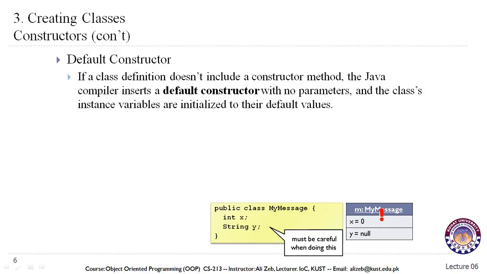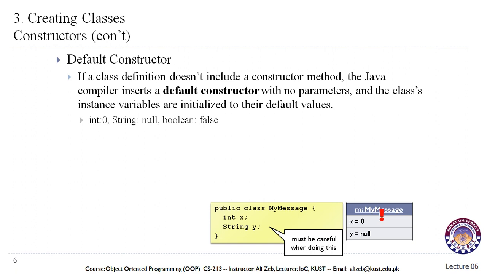Now a default constructor, as we saw, if a class definition doesn't include a constructor method, the Java compiler inserts a default constructor with no parameters, and the class's instance variables are initialized to their default values. We understand that the default value is 0 for the int variable, null for the string, and false for the boolean, and other data types have their own default values.